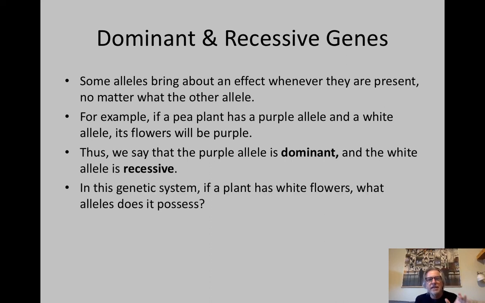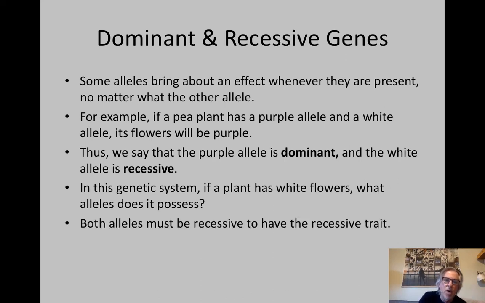In this genetic system, therefore, if a plant has white flowers, what alleles must it possess? You've thought about it? Okay. Hopefully you answered that both alleles must be recessive to have the recessive trait of being white, because if there's one purple allele, it'll turn the flowers purple.